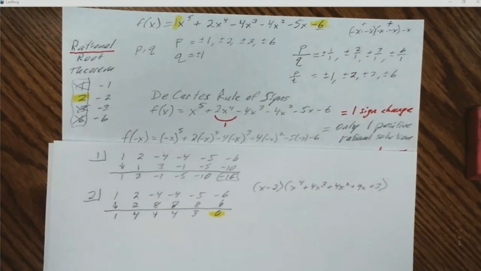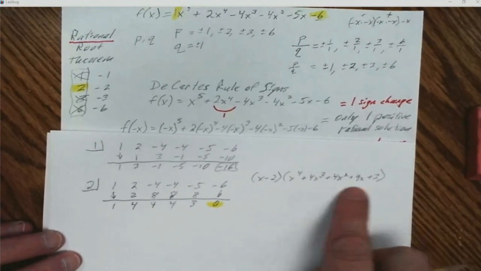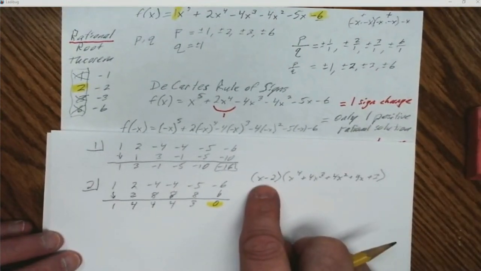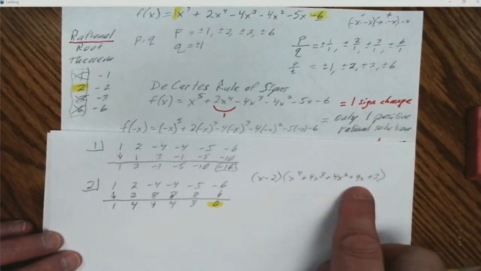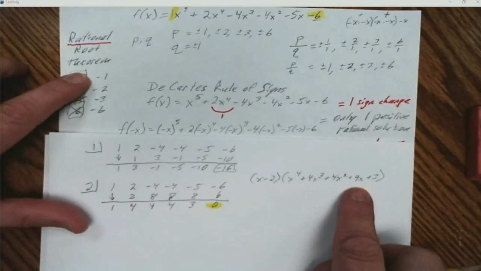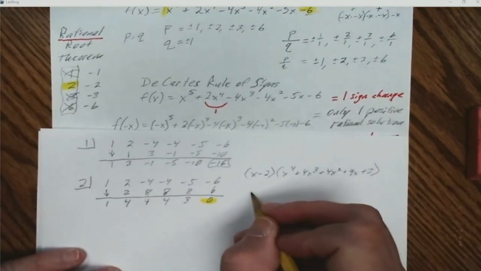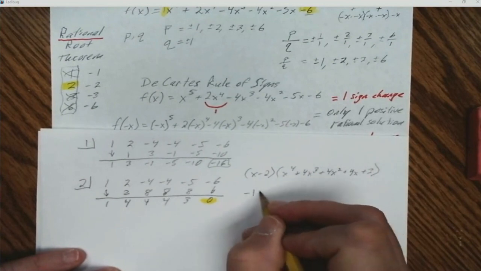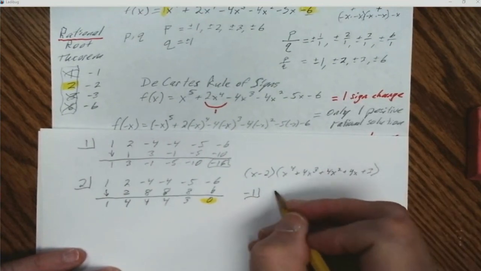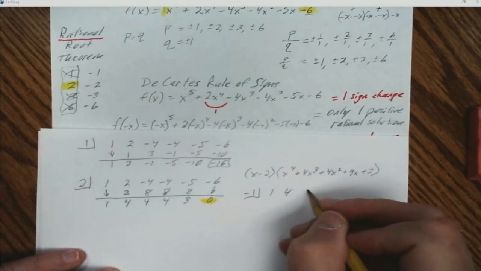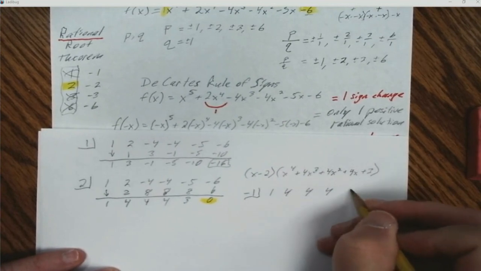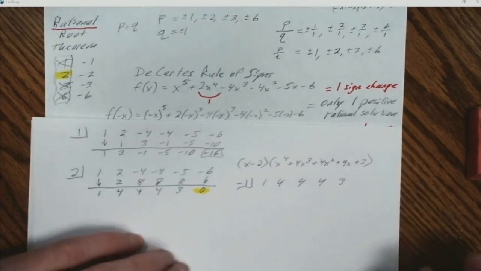All right. Well, let's see if -1 is a factor. And we can actually start with this now because we've already factored this out. So we can change what we divide by. Let's check the negatives. Let's look at -1, and we will divide that into this one. Just 1, 4, 4, 4, and 3.